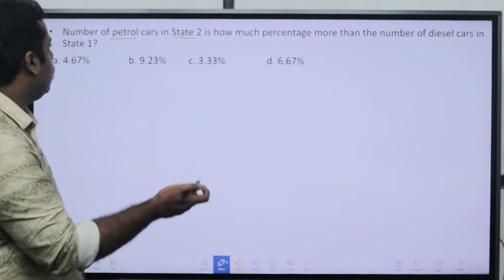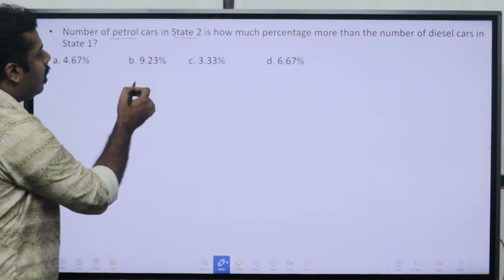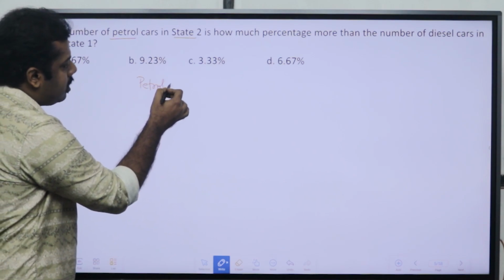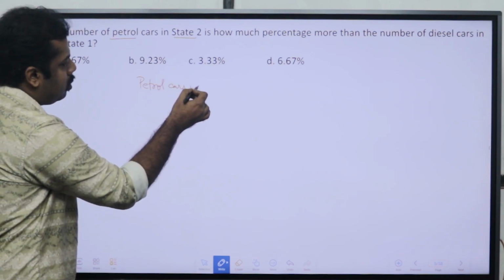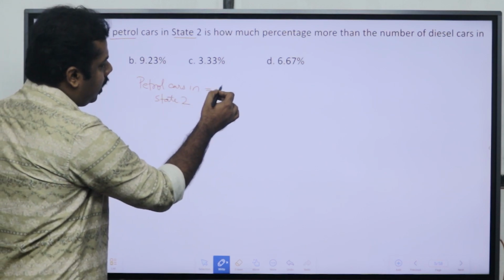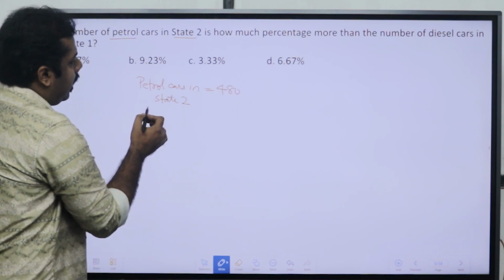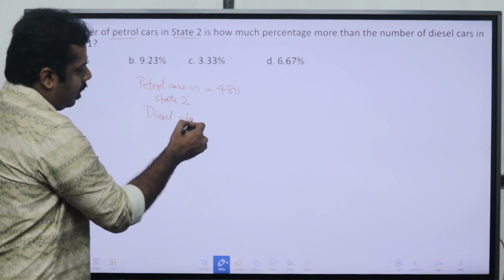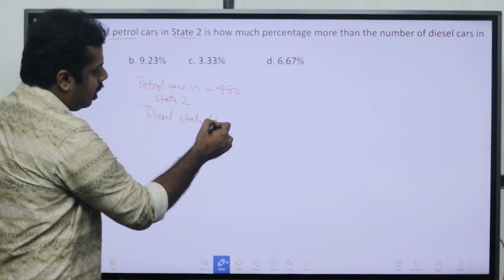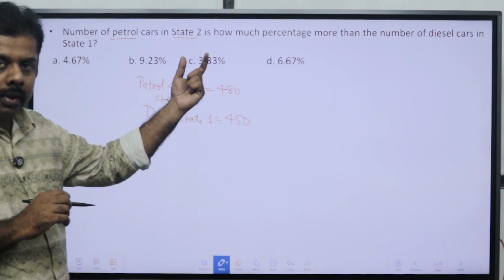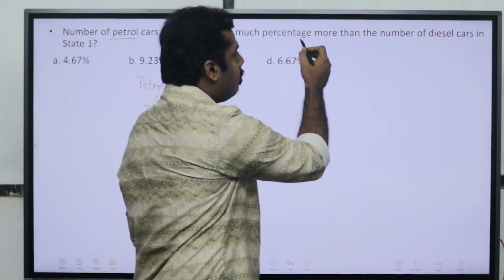So petrol cars in state 2 was 480, and diesel cars in state 1, as we just looked through the data, was 450. Here they have asked what percentage more than.